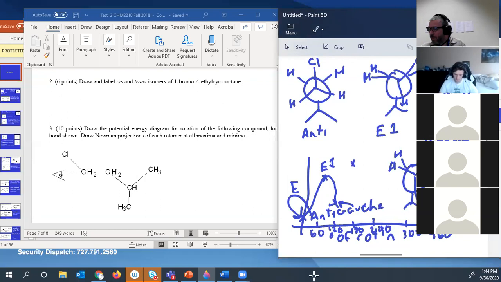That's going to be up here, and then the rest of it just mirrors. This is not a very good diagram, but at least the Newman projections themselves are correct. That's what it looks like.